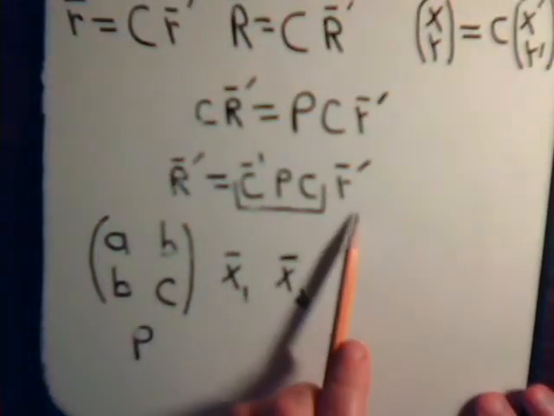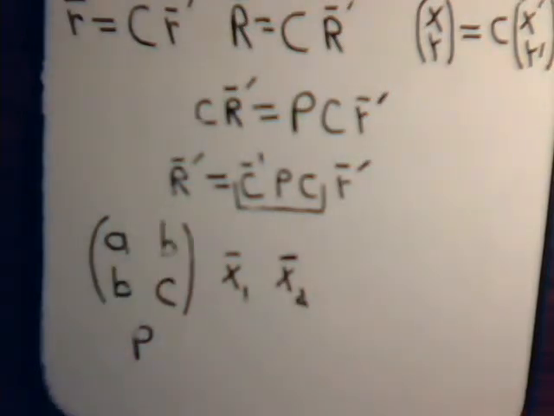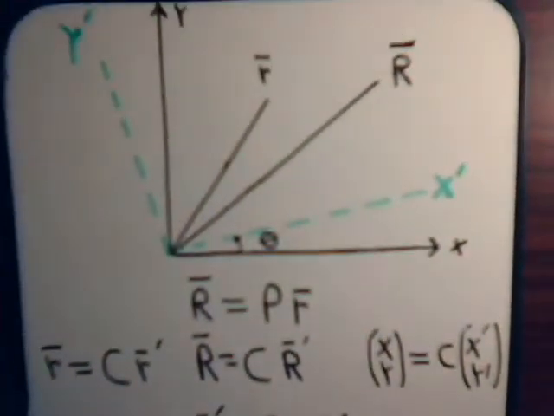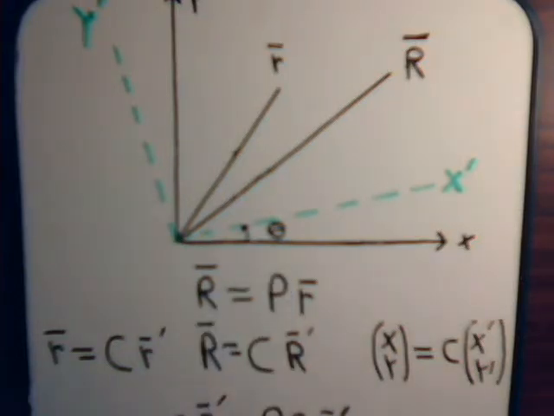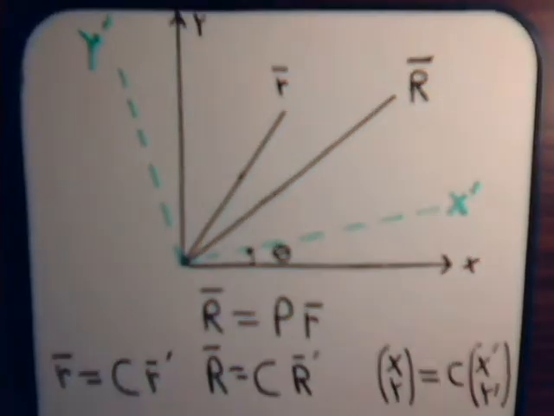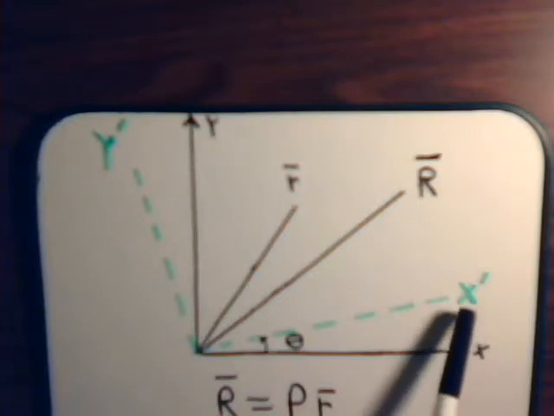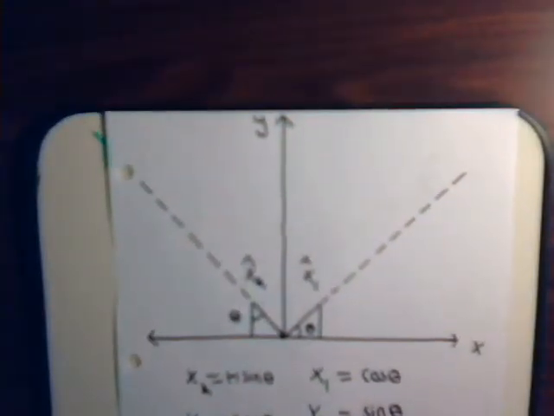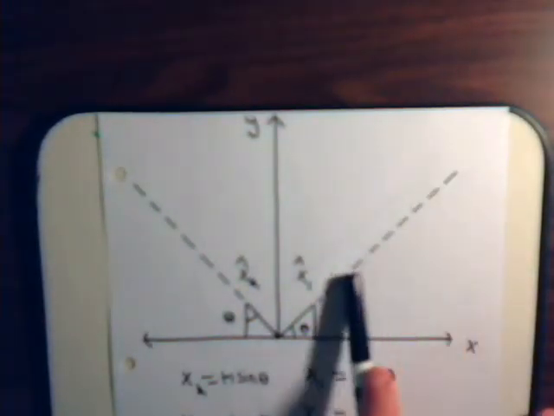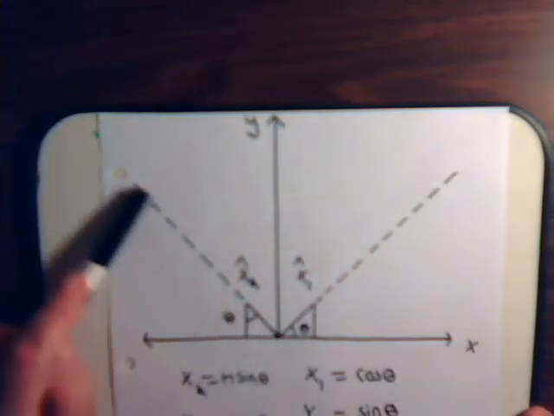We had this equation. Now, what we're saying here is that if, two things, if this is a symmetrical matrix and we use its two orthogonal vectors to form our x prime, y prime axis. Remember, we were saying, okay, matrix P has two orthogonal eigenvectors. Here they are, here and here.